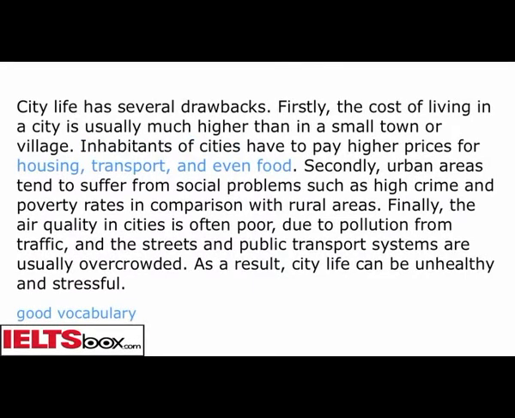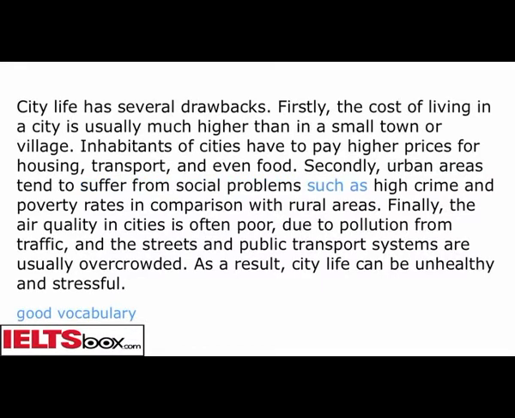In English, we like writing lists of 3 points: housing, transport, and food. Urban areas is good because I've avoided repeating cities too many times. Suffer from social problems, it's good language.